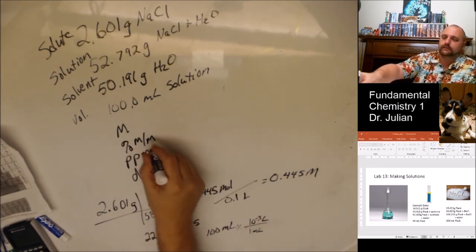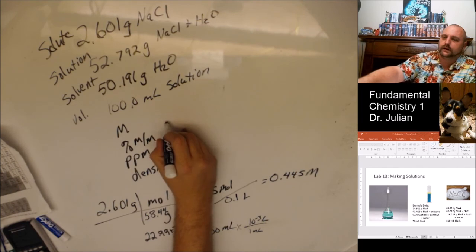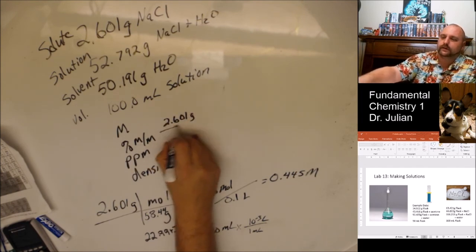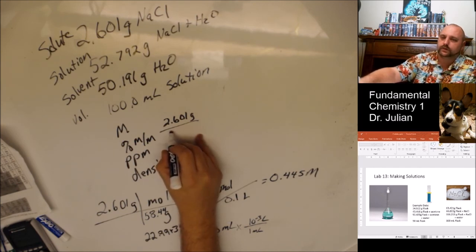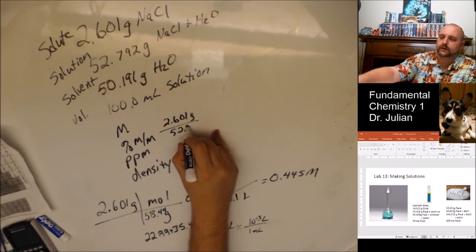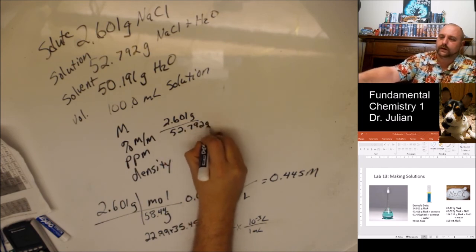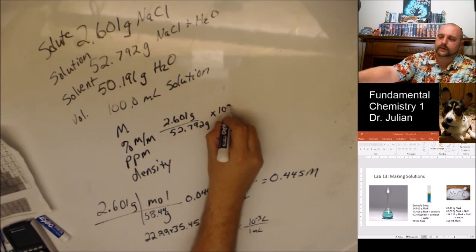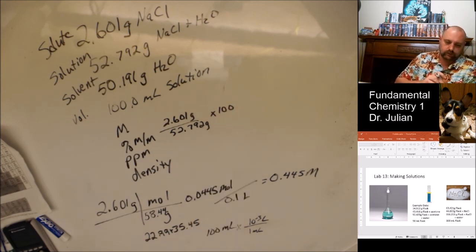Alright, percent mass over mass: grams of solute, which is 2.601 grams, over grams of solution, which was 52.792 grams, times 100. So 2.601 divided by 52.792.